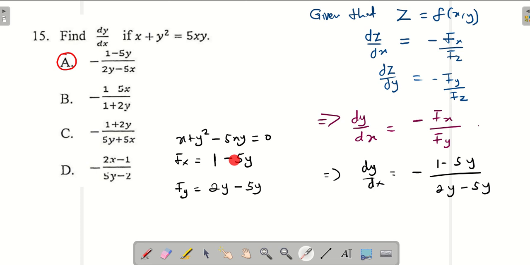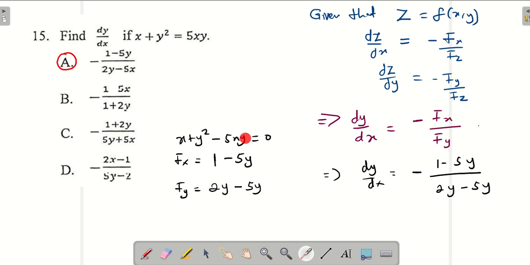Then the f of y, differentiating with respect to y, x is a constant, so 0. Then the y squared becomes 2y. Then differentiating negative 5xy with respect to y, we treat the 5x as a constant.